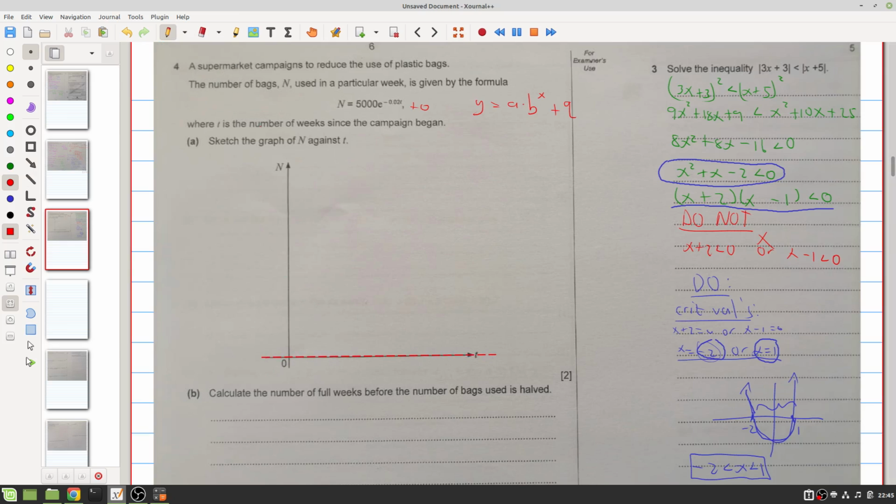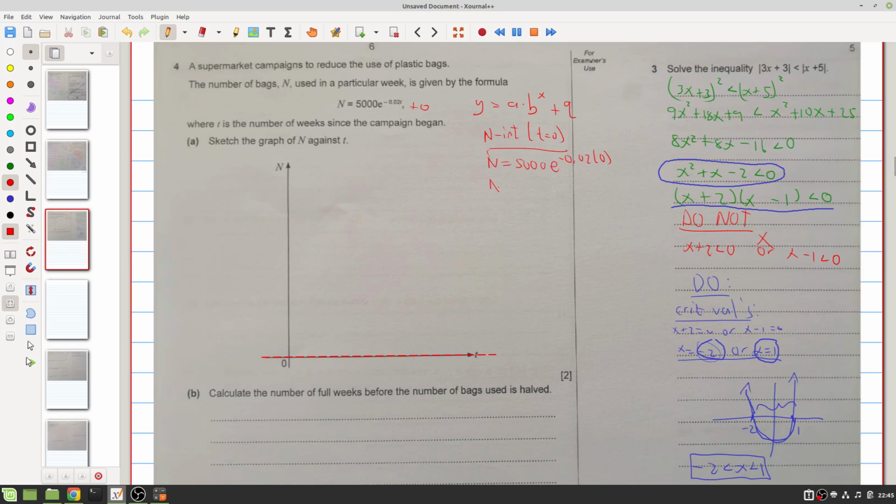And we also need to find our y-intercept, or our N-intercept in this case, right? So our N-intercept is going to be where x equals 0, or in this case t equals 0. So let's find that. N equals 5,000 e to the power -0.02 times 0.